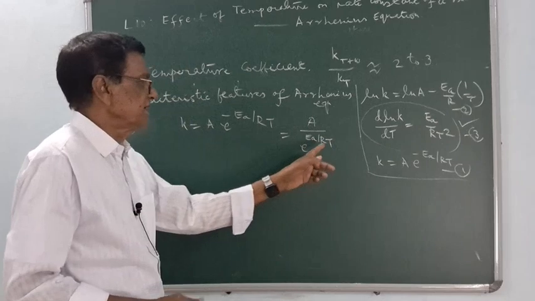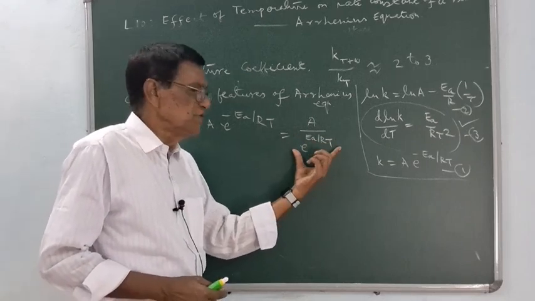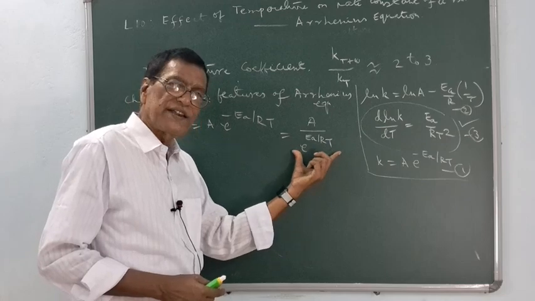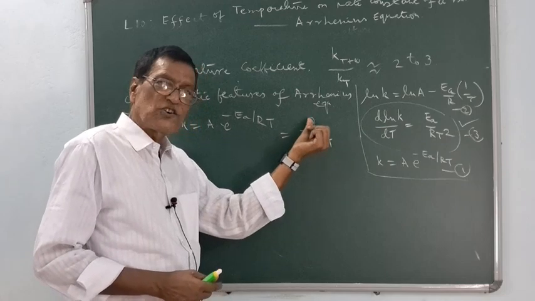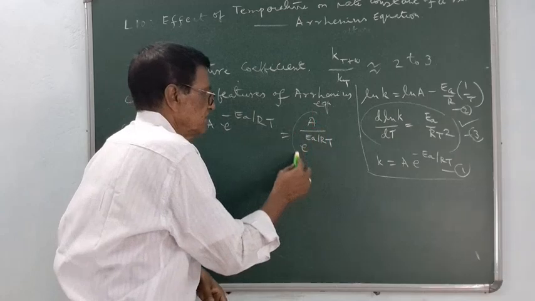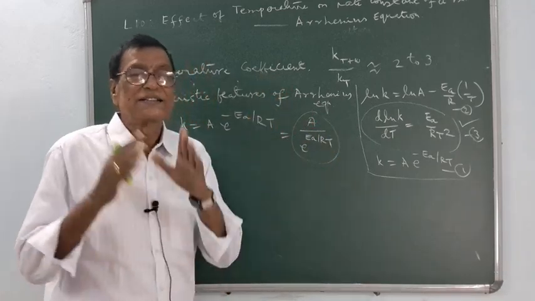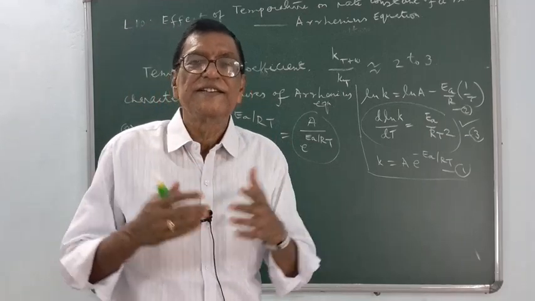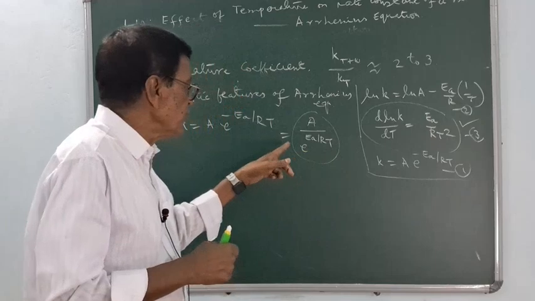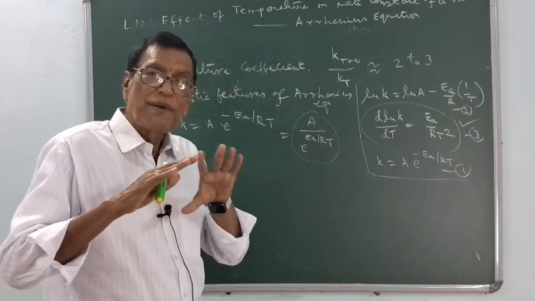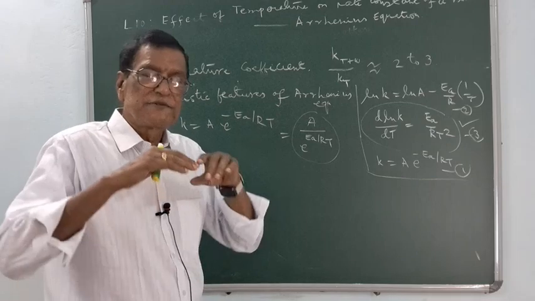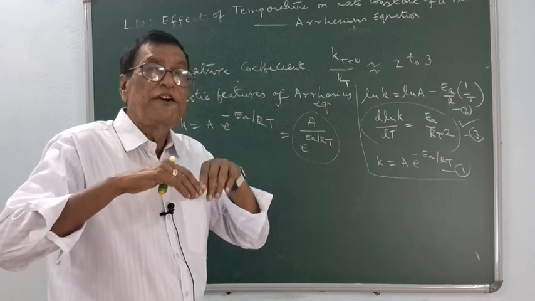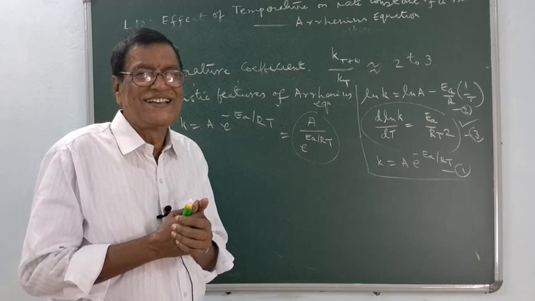Whenever temperature is increased, the denominator is decreased, A is constant, so this term is increased. And this increase of rate constant with the rise in temperature follows an exponential pattern, meaning it increases very rapidly.